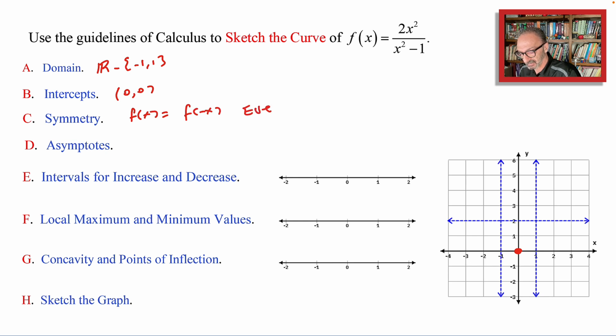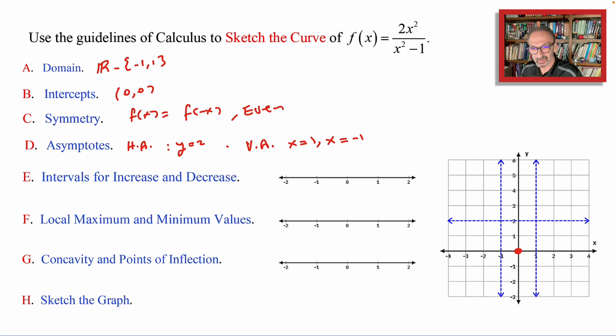That's called even in math, symmetric about the y-axis. Asymptotes, it's already on the graph. We have a horizontal asymptote at y equals 2, and we have vertical asymptotes at x equals 1 and at x equals -1, as the graph shows.